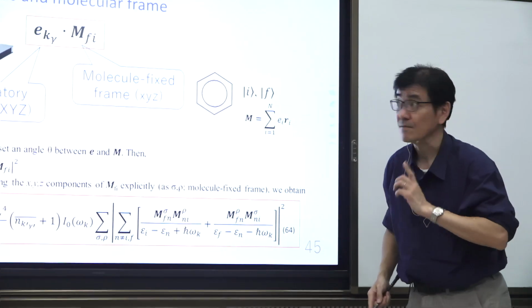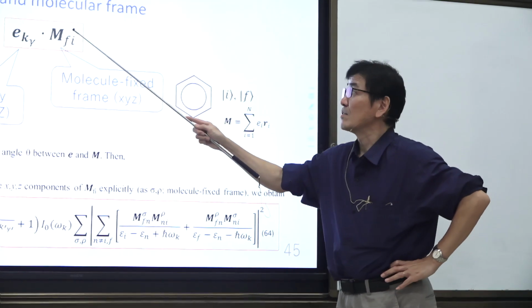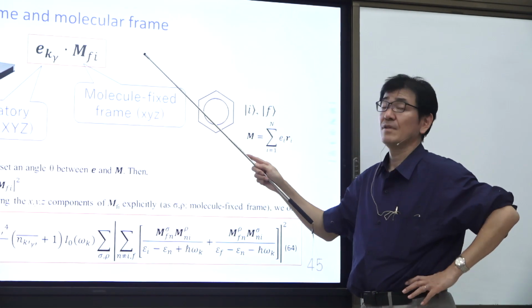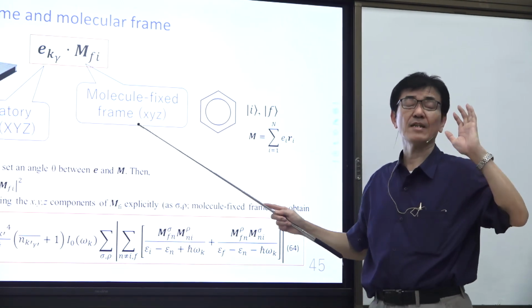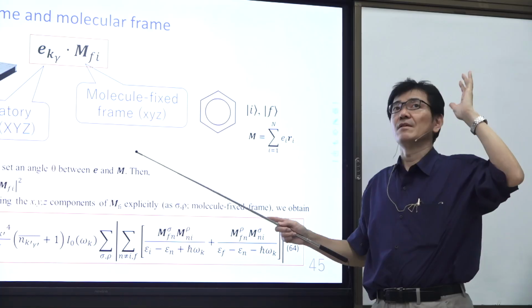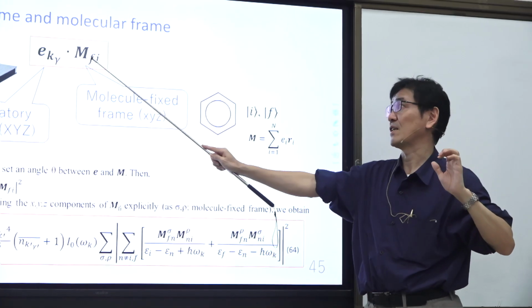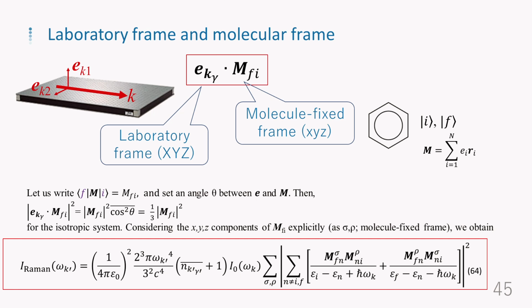On the other hand, a transition dipole moment MFI is calculated by taking account of the wave function of the molecule at the initial state, final state, and momentum operator. Initial state, final state, momentum operator are all defined on the molecule.